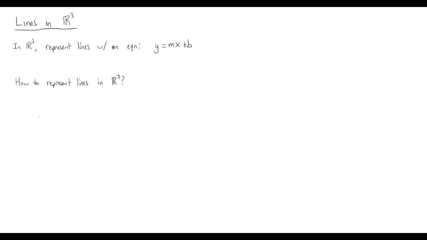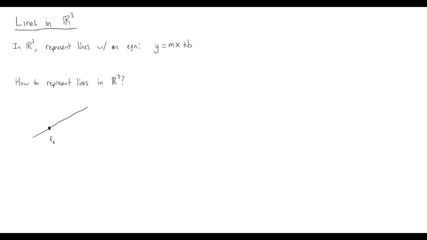Okay, so in order to describe a line, we're going to need 2 pieces of information about the line. So first we're going to need a point that lies on the line. I'm going to call that point r subscript 0.